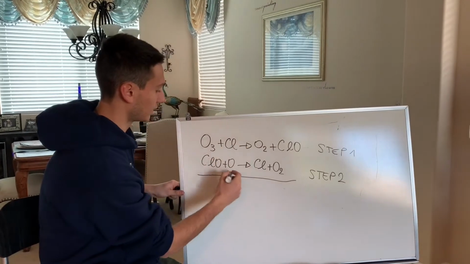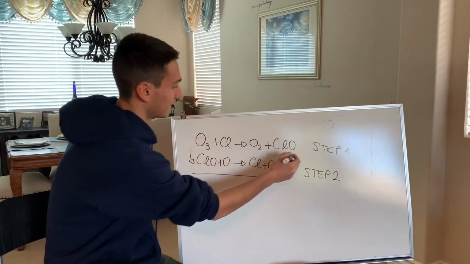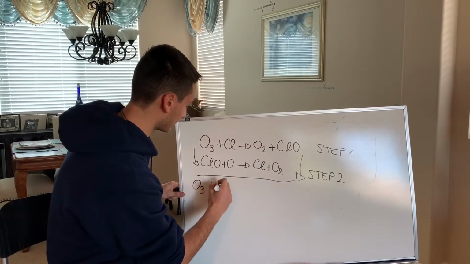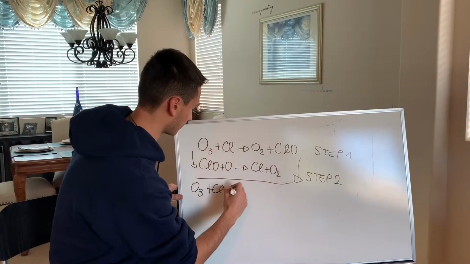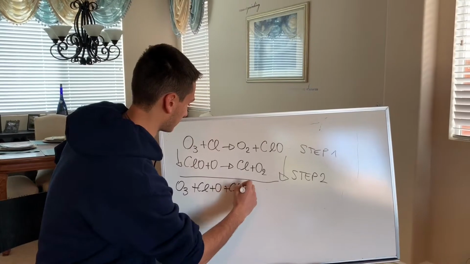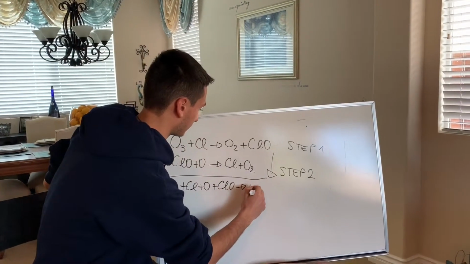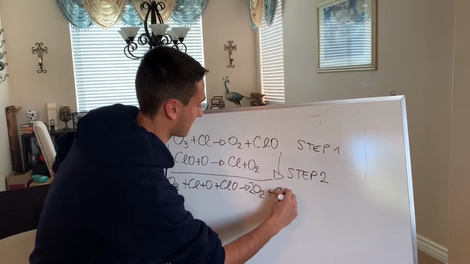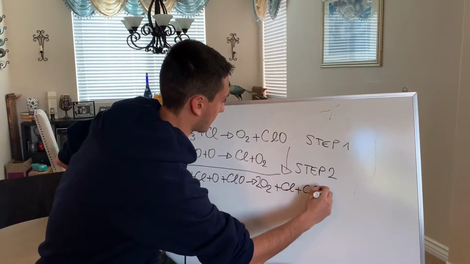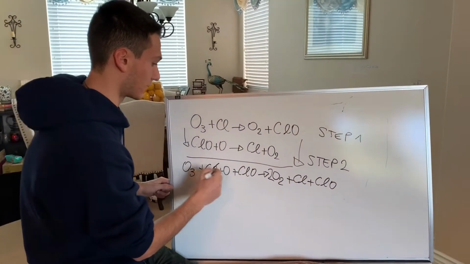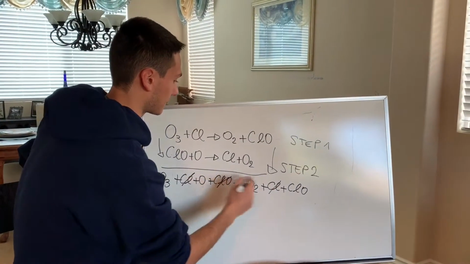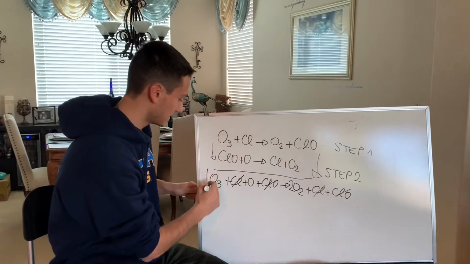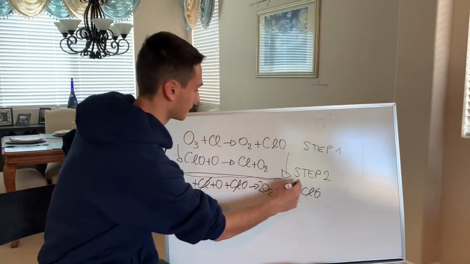So I have to add all the reactants and all the products and see what cancels. So the chlorine cancels and this cancels too. So this is the overall reaction.